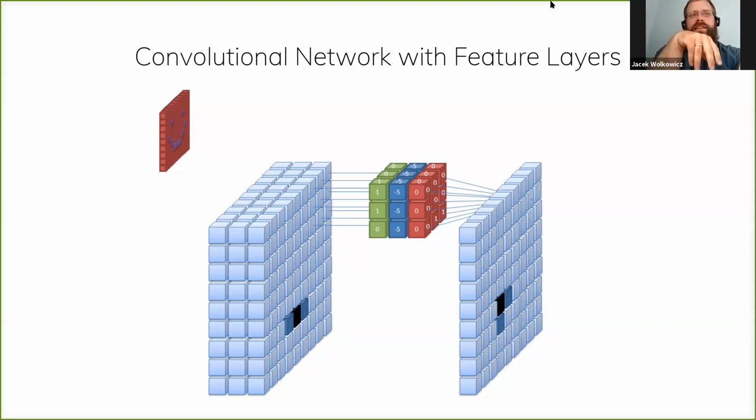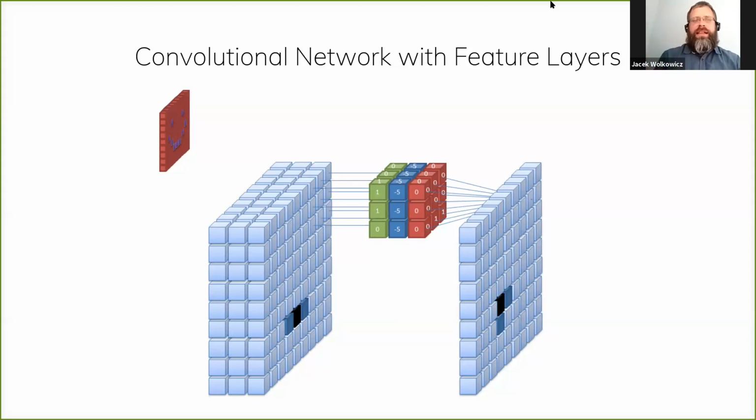kernels that essentially look at a very small area of the image at once. In this case, it's 3 by 3 pixels, and they produce 1 pixel, which aggregates information from that 3 by 3 area and all those 3 colors.